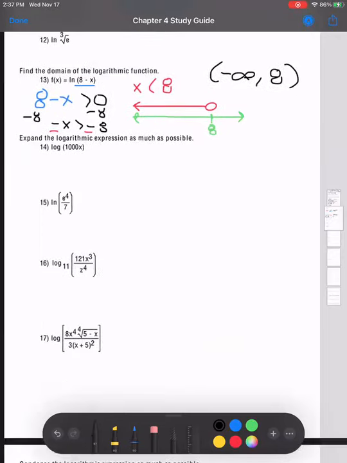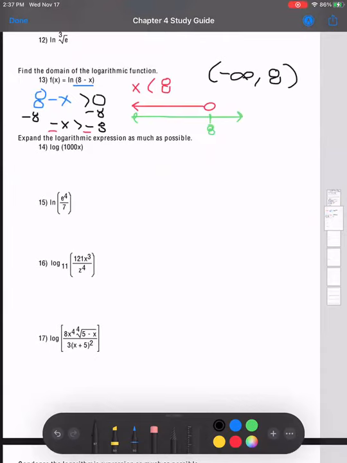So for number 16, it says expand the logarithmic expression as much as possible. And 16 is log with the base of 11 of 121 x to the power of 3 over z to the power of 4. So first you're going to have to remember your rules of logarithms. So a log plus a log equals multiplication, and a log minus a log is division. So let's first break up this part up here, the 121 and x to the power of 3.